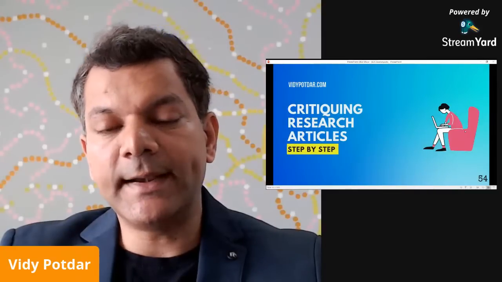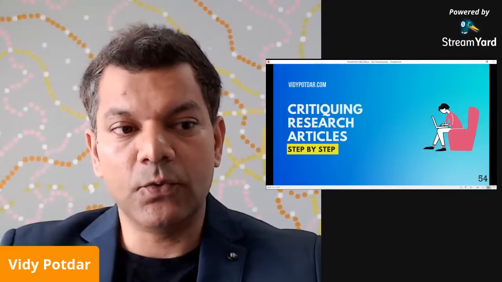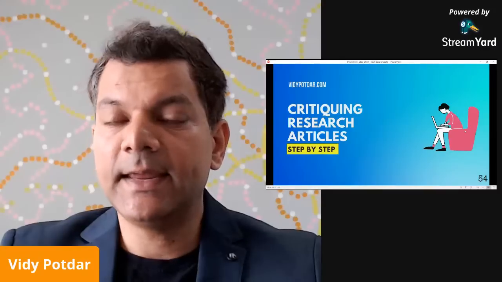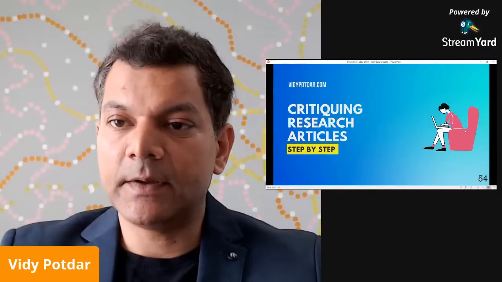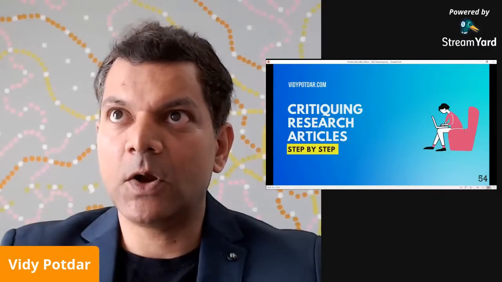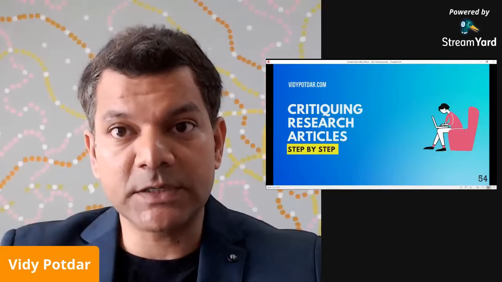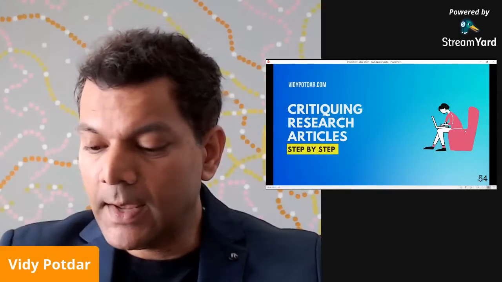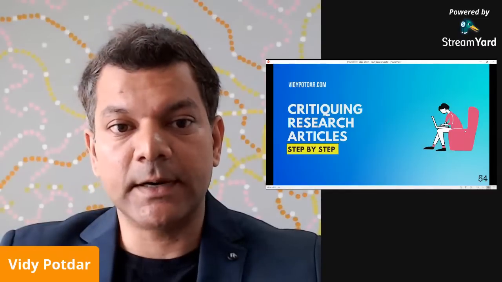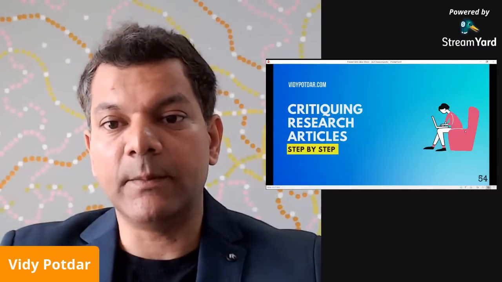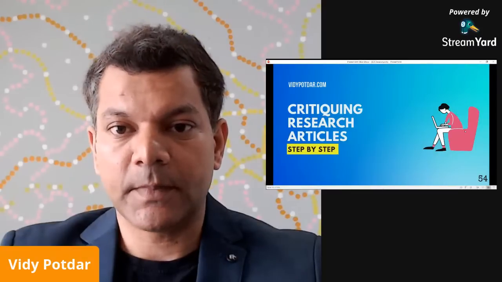Doing a critical review of literature is a very complex and very time-consuming process, but if you follow the steps that I mentioned, it will make it easier for you.